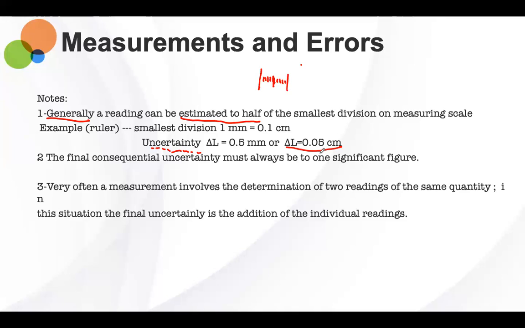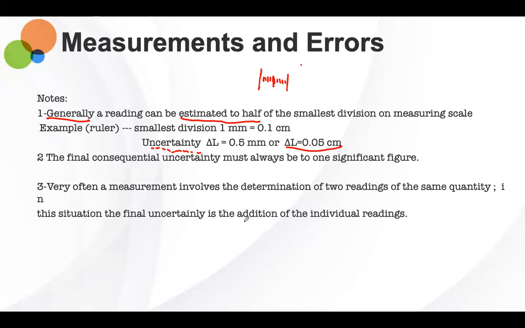Number 2 says the final consequential uncertainty must always be to one significant figure. So the uncertainty cannot be 0.051 or 0.052. That's two significant figures. Remember, one significant figure for your uncertainty. Number 3 says very often a measurement involves the determination of two readings of the same quantity. In this situation, the final uncertainty is the addition of these individual readings.